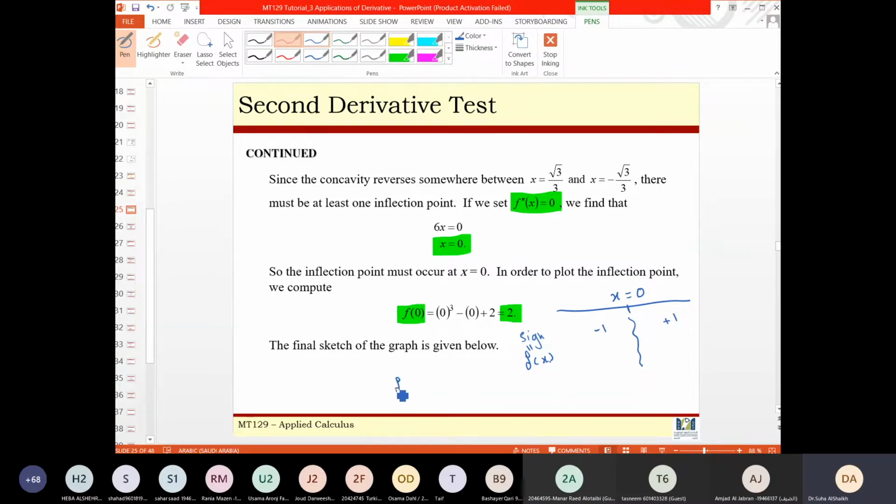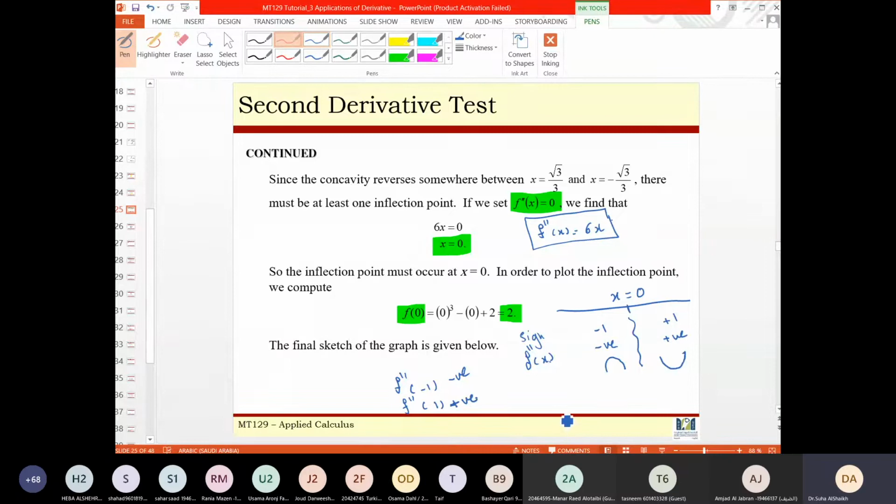F double dash of x, if you go back to the first slide, is 6x. So at -1 it will be negative and at +1 it's going to be positive.